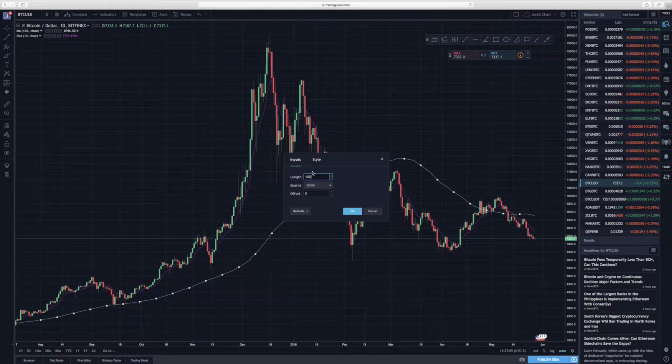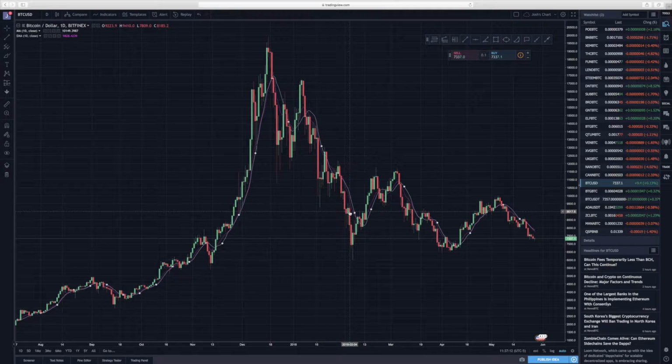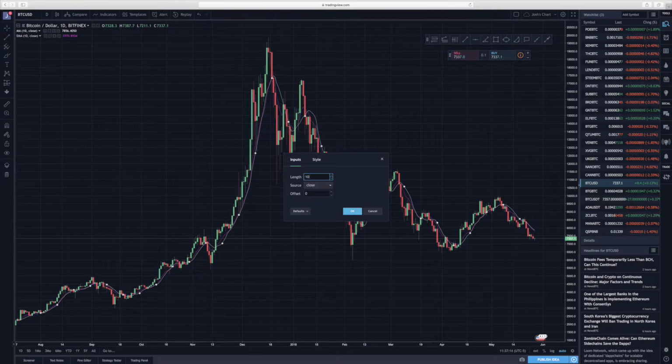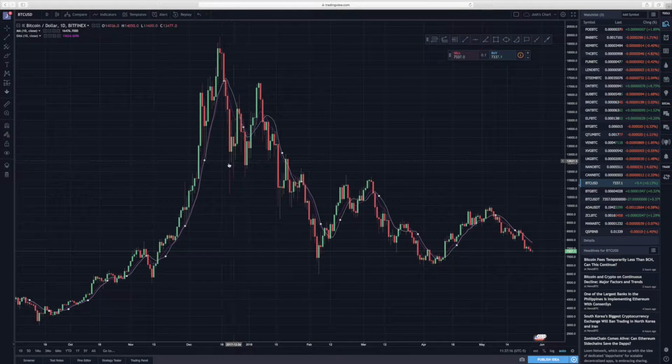Another thing is I'm going to show you the difference between the simple moving average and the exponential moving average. As you can see, the exponential, or the weighted one, is in purple. Now, for example, here the price jumps up, right? Each of these points adds up the last 10 candles.